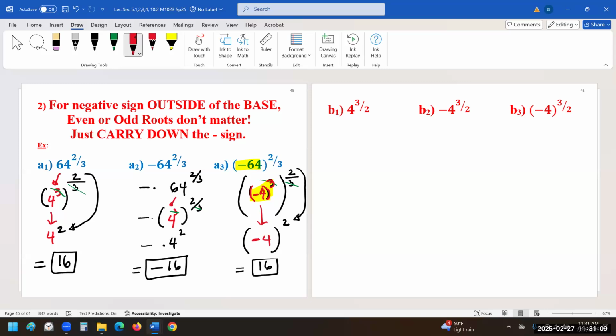Seida? Absent. Muhammad? Absent. Ronaldo? Here. Daniel? Here. Jeremiah? Here. Camila? Here. Philia? Here. Haley? Absent. Jasim? Absent.